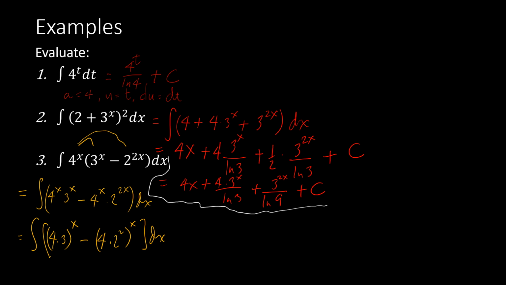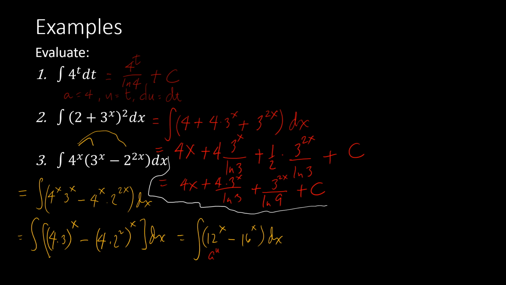Alright, which is equivalent to the integral of 12 raised to x minus, this one is 4 times 2 squared. We know that 2 squared is equal to 4 multiplied by 4. That will be 16 raised to x quantity dx. So each of these is of the form a to the u.